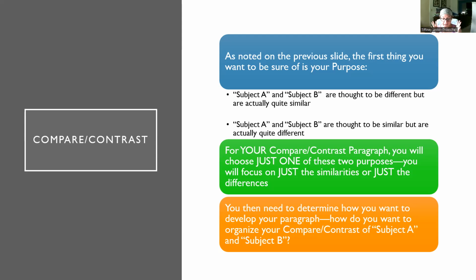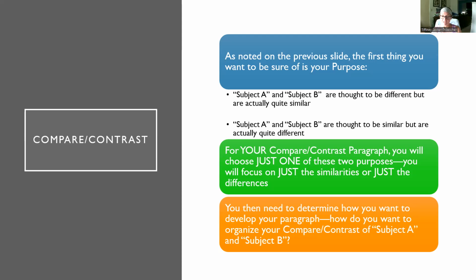So if you're going about it in that way, you will then have a better shot at making sure you've adhered to this requirement, which is, for your compare contrast paragraph, you will choose just one of these two purposes. You will focus on just the similarities or just the differences.